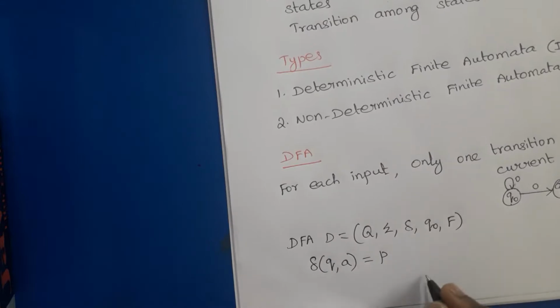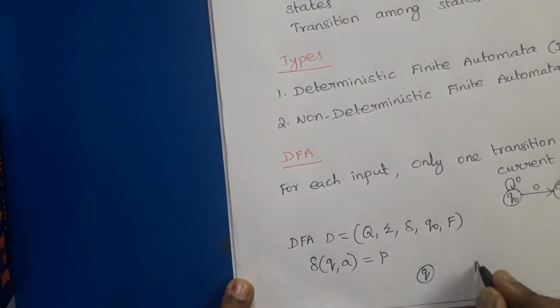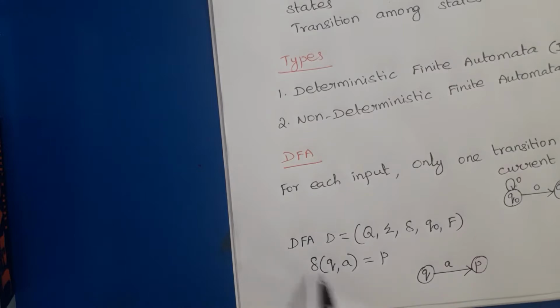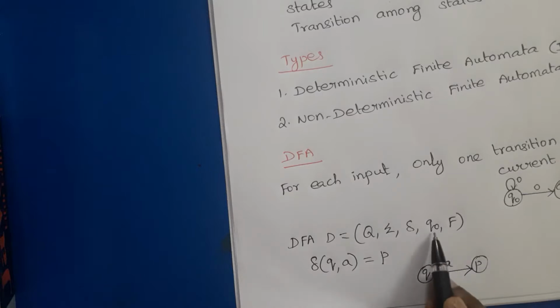That is, from state Q to state P, if there is a transition on the symbol A, it is represented as the delta function of the current state and current input symbol equal to the next state. Q0 represents the start state of the DFA and F means the set of final or accepting states. So Q0 and F belong to Q.